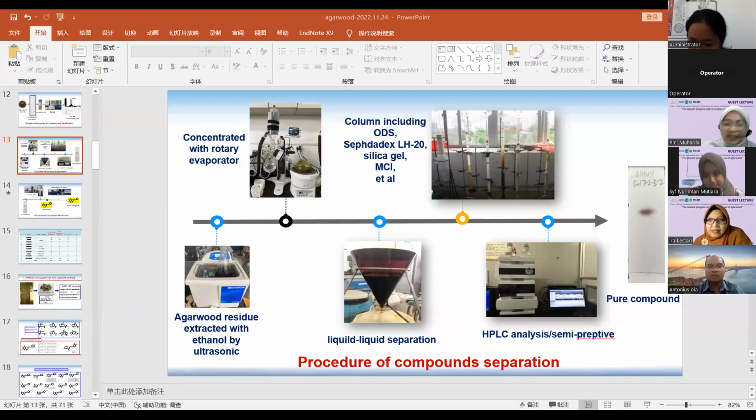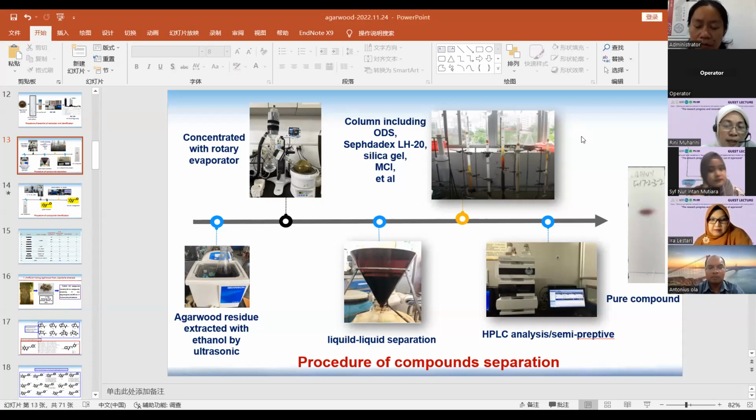Okay. Dr. Chen, there is another question from Mrs. Ira Lestari. She asks, for this type of column, ODS, Sephadex, and silica gel, which one is the best for the separation?